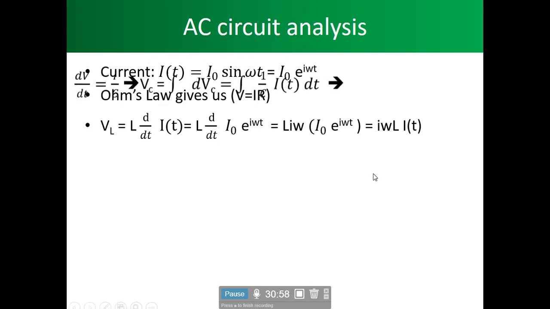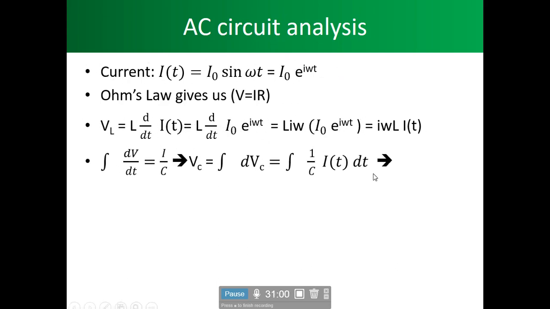Okay, let's develop it for, guess what? Aha! Yes, the capacitor. So for the capacitor, what do we have? The formula is dV over dt equals 1 over C times I. To get rid of this dV, we need to integrate. We need to find what this voltage is.